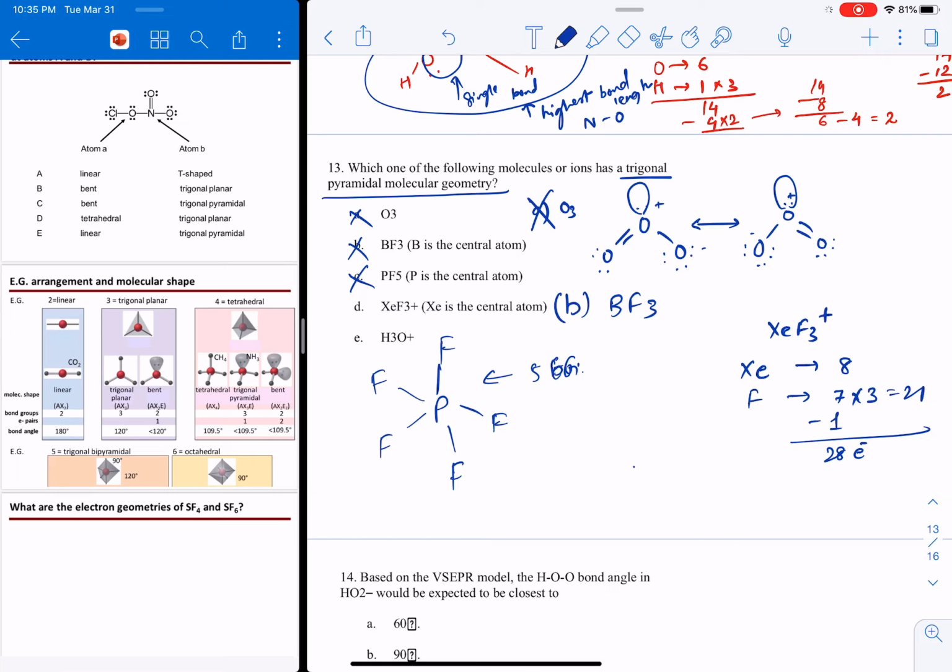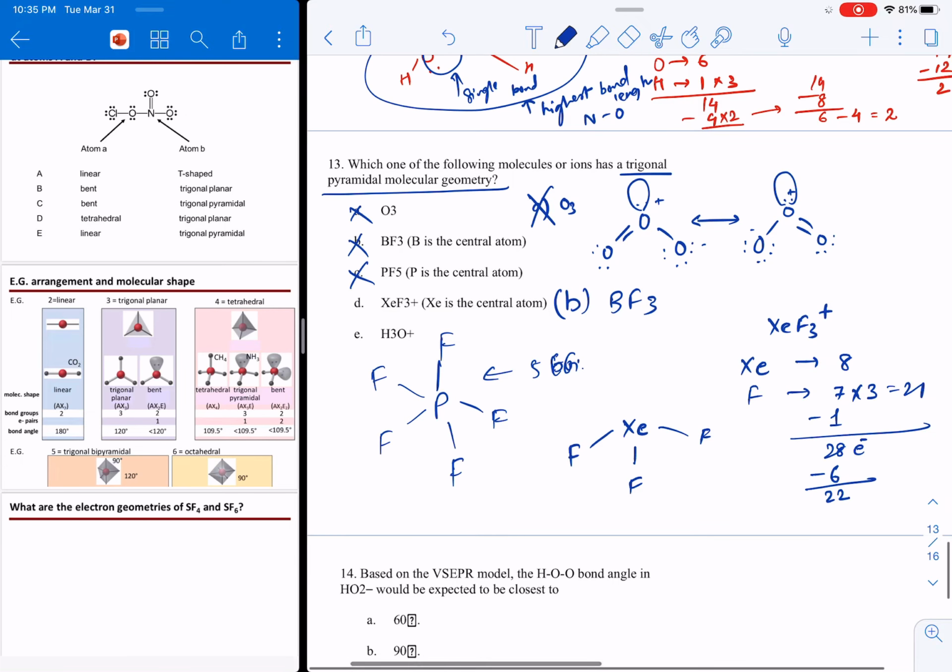Now what we'll do is we'll keep Xe in the center. We'll form three single bonds with 3 fluorines. That gives you 22 electrons left. Then we will give 6 electrons each to fluorine. What is left is 4. These 4 electrons will go on Xe.